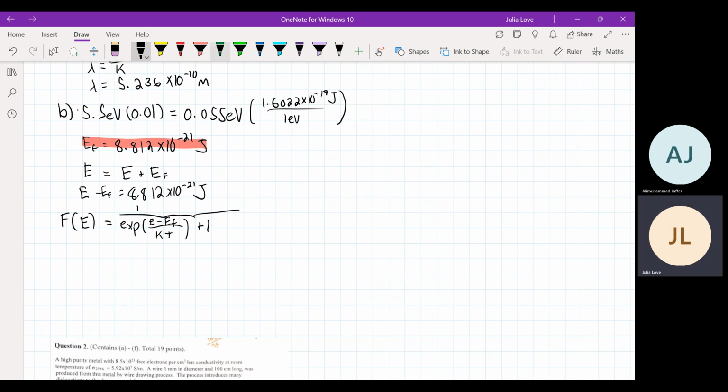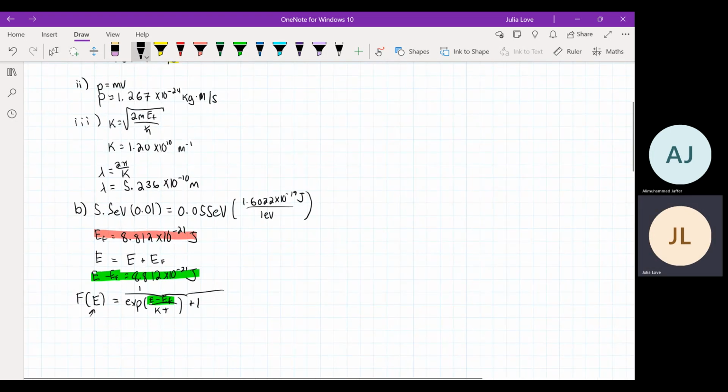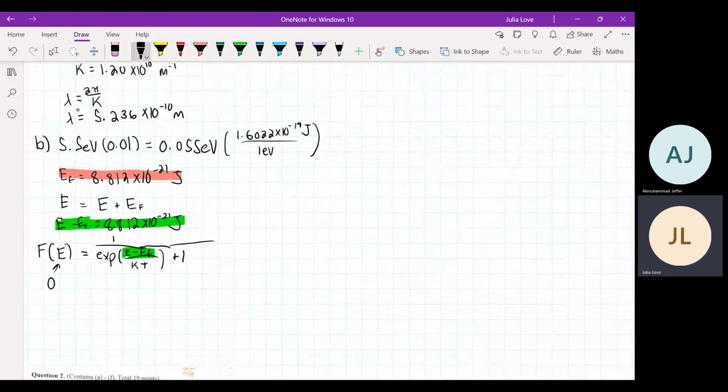So we plug this number into this part there, and we know everything else from before. We're going to rearrange to solve for the temperature, knowing that this Fermi function here is going to be the 10% probability from the question. So this side here will be 0.1.